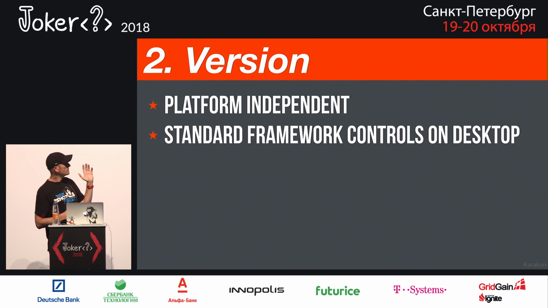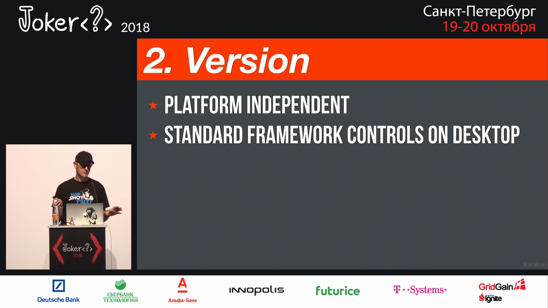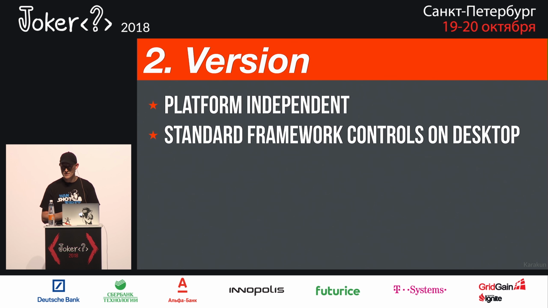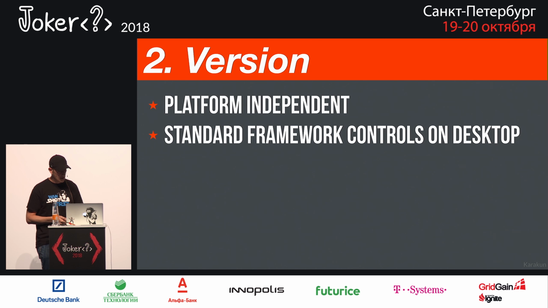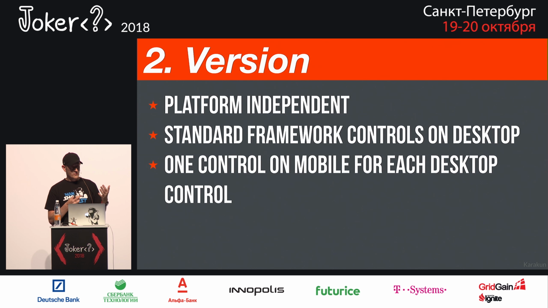And it should show the controls of the standard framework that you use on a desktop. It might be a web application using whatever, Polymer that I use here, or Bootstrap or whatever. It might be a Python app with WX widgets, something like that, or maybe a .NET application, right? I don't care. And then for each control on the desktop, I create one control on the mobile phone.